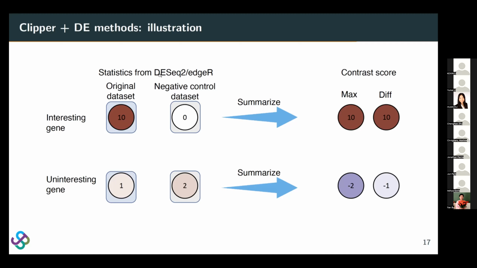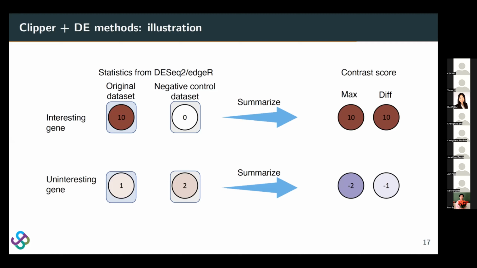We can also repeat the DE analysis on a negative control dataset and also collect the statistic for all the features. In this way, we can use a simple enrichment analysis to identify those features which have higher values of summary statistics on the original dataset compared to the negative control dataset and treat them as our interesting discoveries.